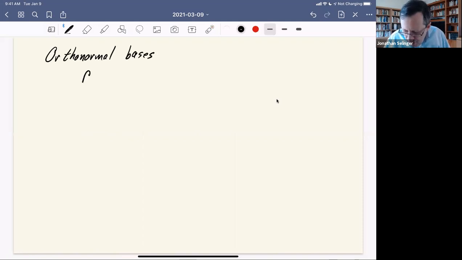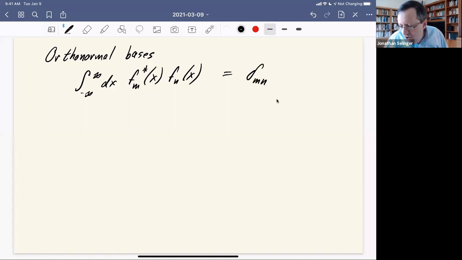We said for functions, if the integral of fm star of x times fn of x is equal to the Kronecker delta symbol, delta mn, what that means in terms of bras and kets is that the bra m acting on the ket n is delta mn.